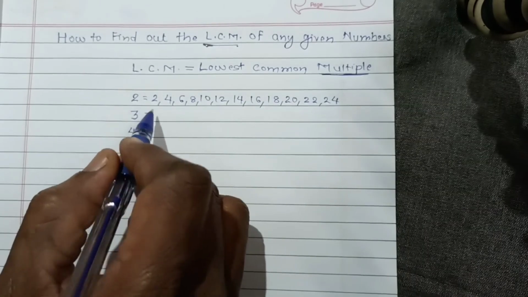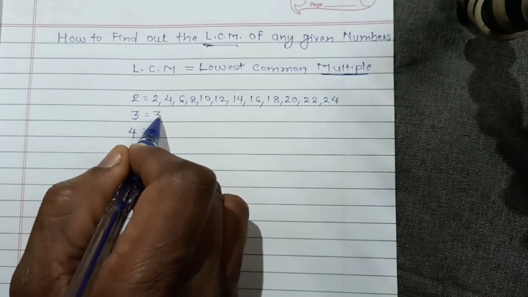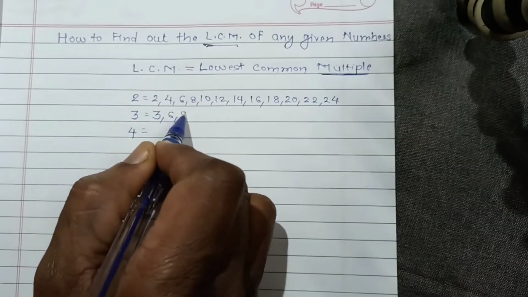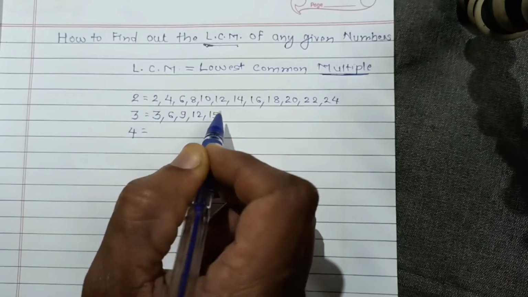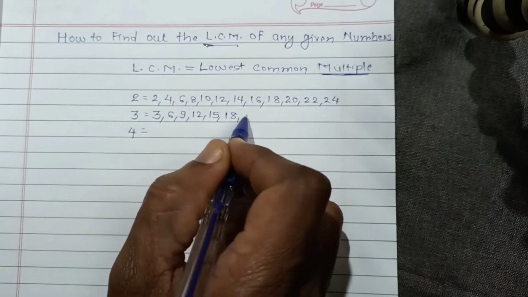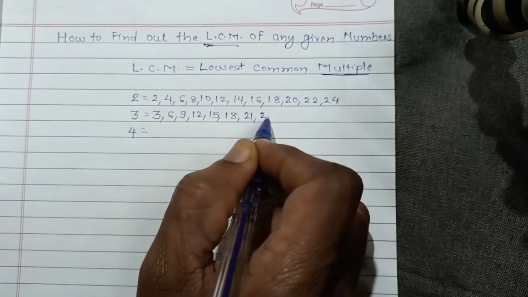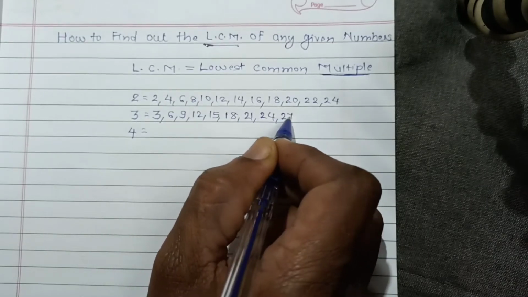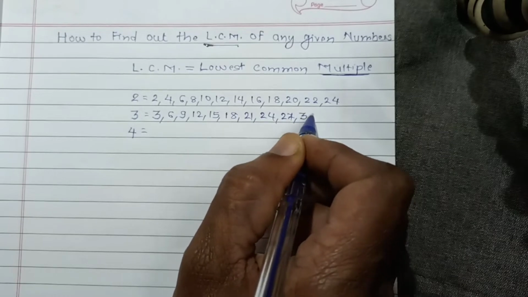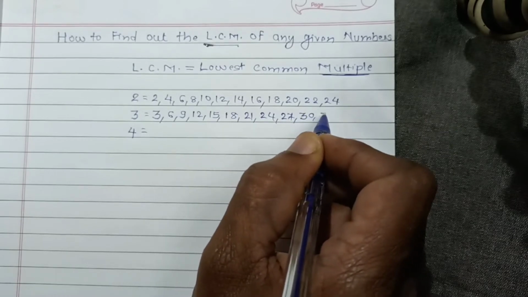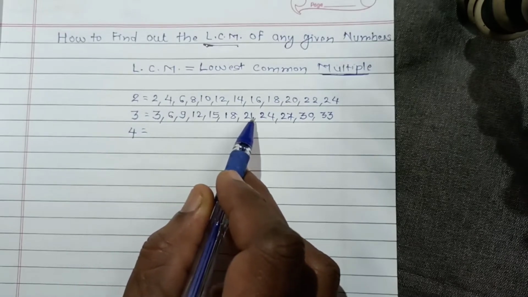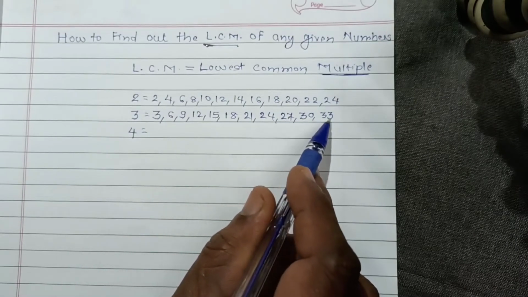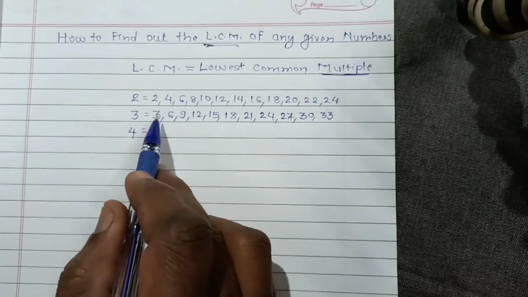Then next let me write the table of 3. Six, 9, 12, 15, 18, 21, 24, 27, 30, 33. These all are multiples of 3.